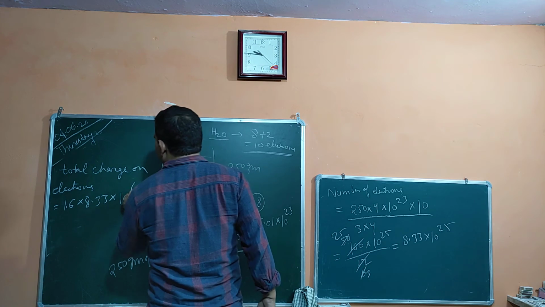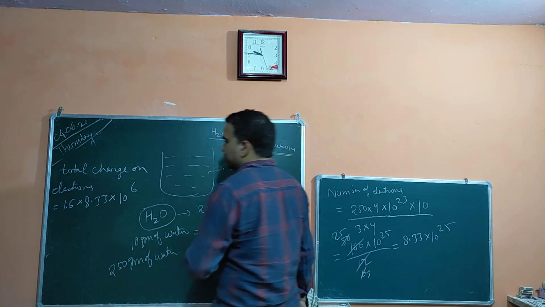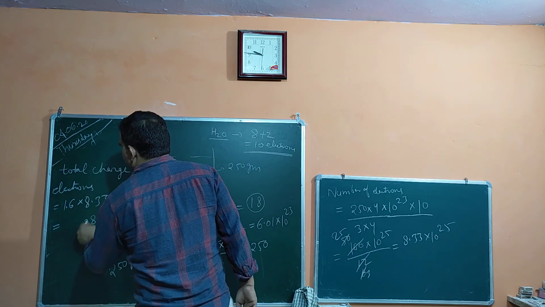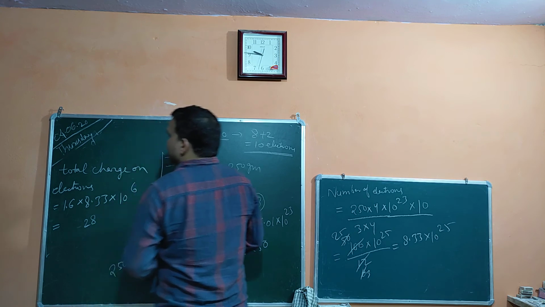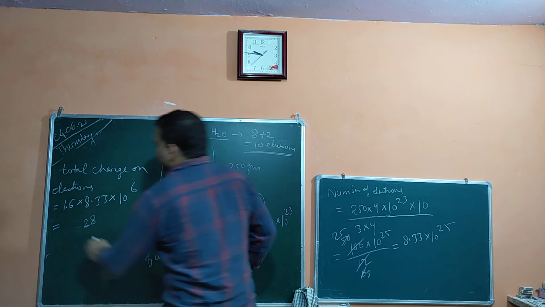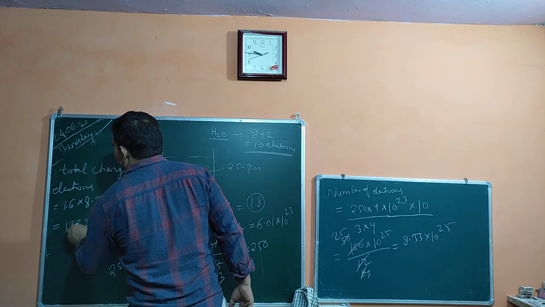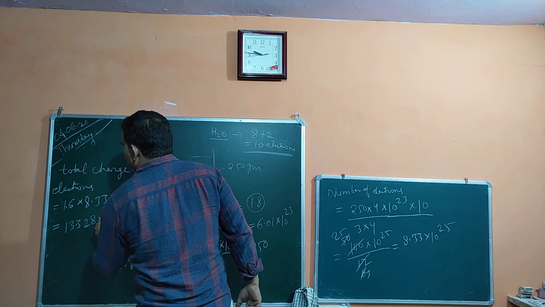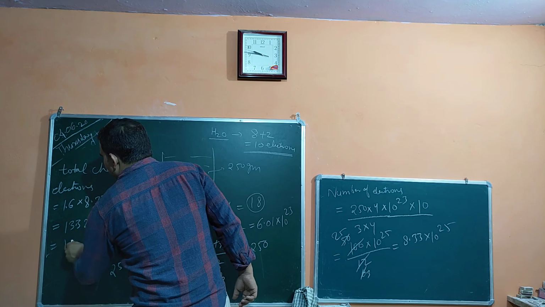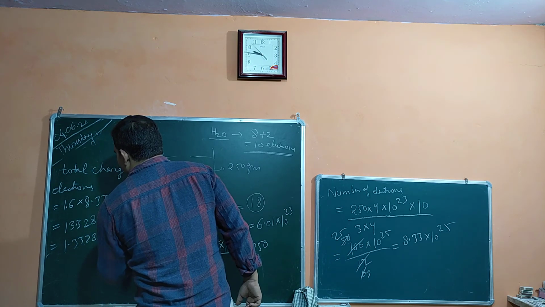So it comes out to be 10 to the power 6, since 25 minus 19 is 6. 1.6 times 8.33 is 13.328, so it comes out to be 13.328 into 10 to the power 6, which is 1.3328 into 10 to the power 7 coulomb.